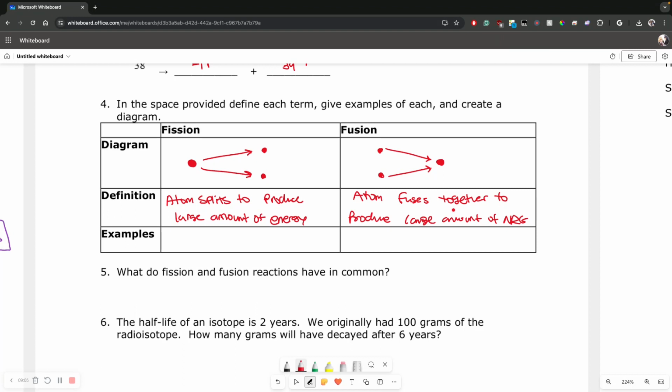And so the easiest way to remember this, where it occurs, right? Fission we can accomplish, but fusion occurs in the sun because there's a U in it. Sun. It's just a kind of a dumb mnemonic that I use to memorize these.